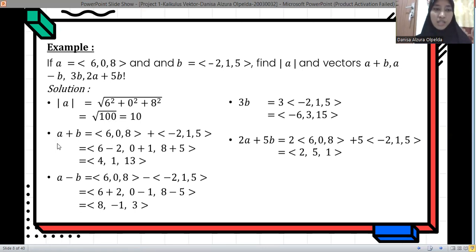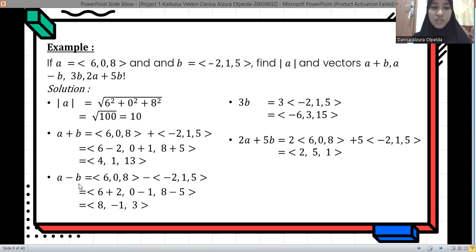And A plus B is equal to 6, 0, 8 plus minus 2, 1, 5. This is the addition of vectors, which becomes 6 minus 2, 0 plus 1, and 8 plus 5, equal to 4, 1, and 13.